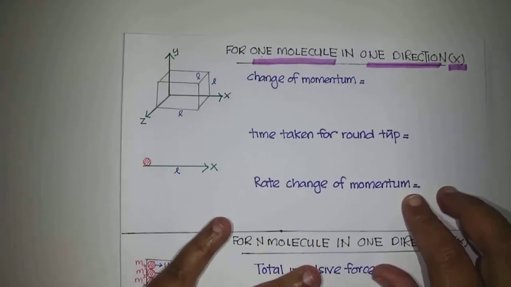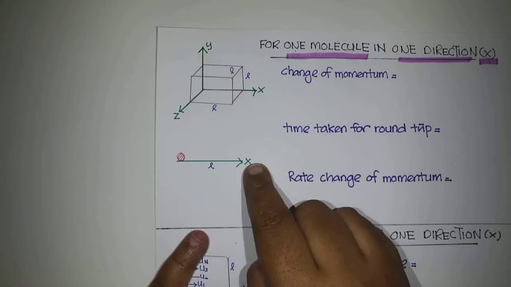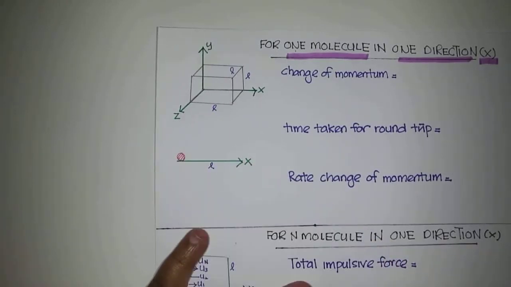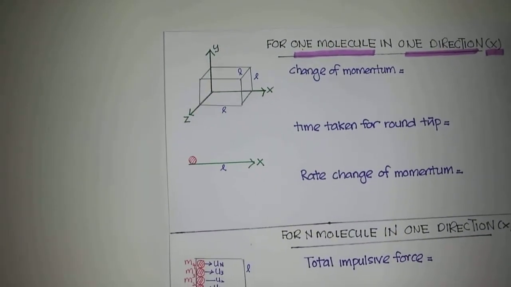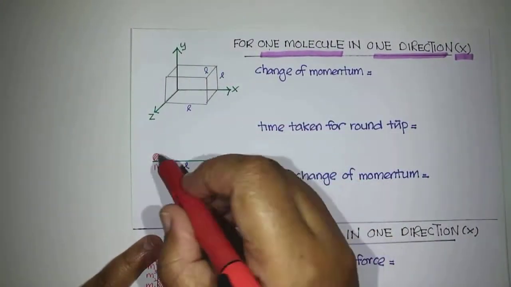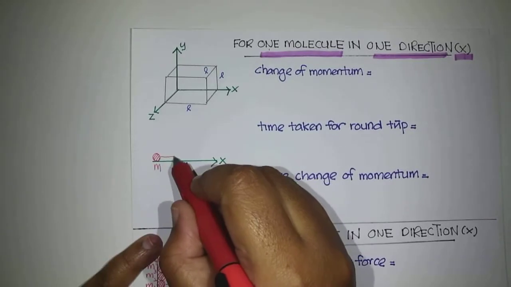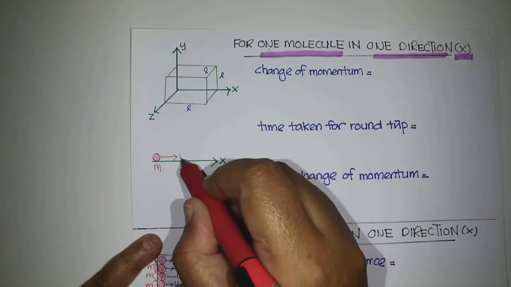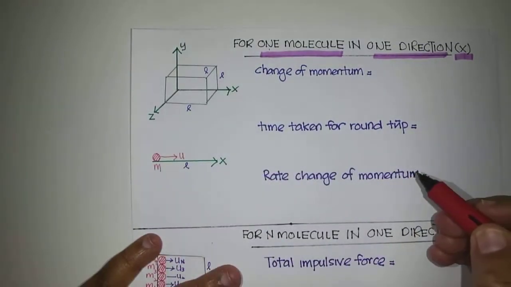We have one molecule, and the mass is m. This molecule is moving with a speed, or a velocity, of u.